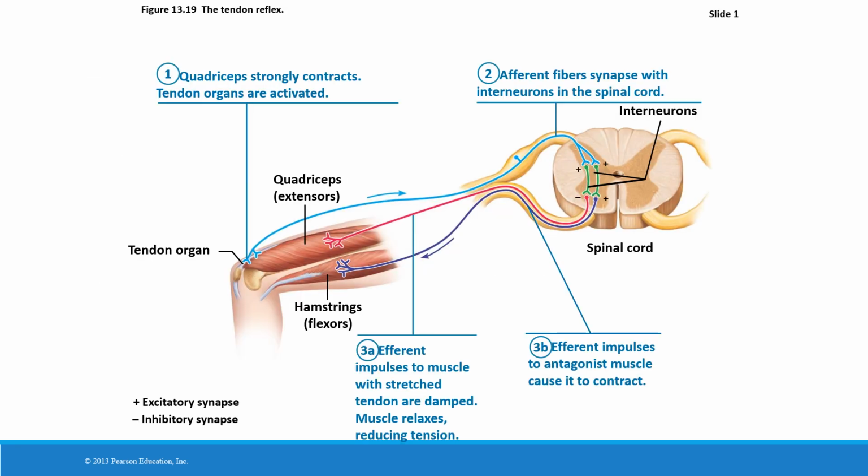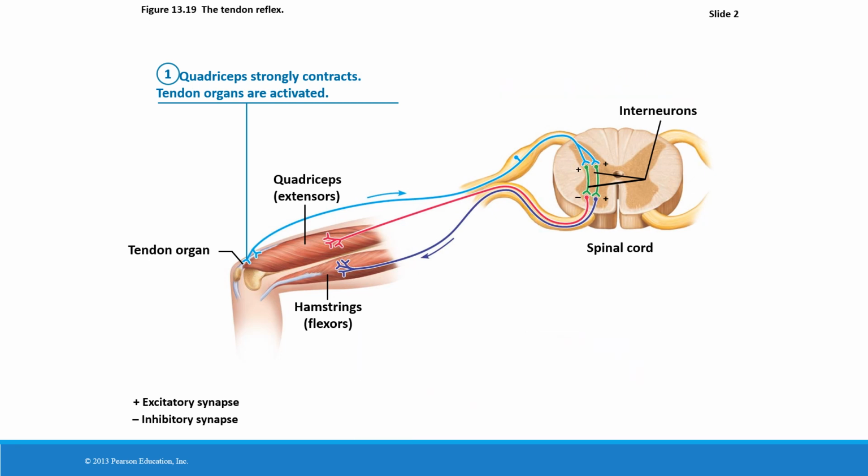Another schematic here. I really like these pictures. It really breaks it down quite nicely. So we can see here, number 1 is starting off with a quadriceps strongly contracting. Okay, so quads strongly contract, and the tendon organs are activated. Number 2, afferent fibers synapse with the interneurons in the spinal cord.